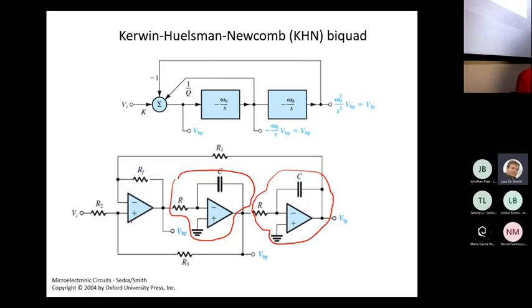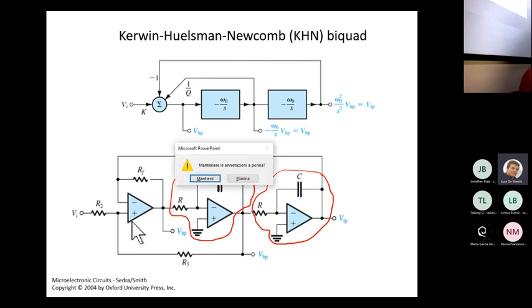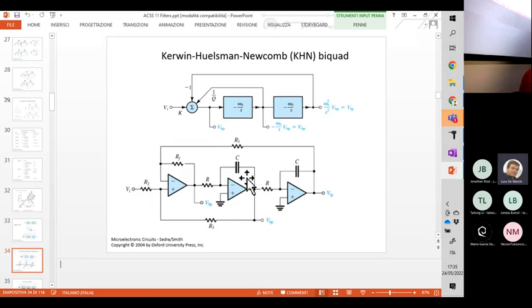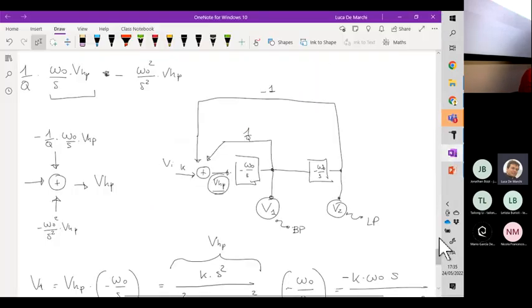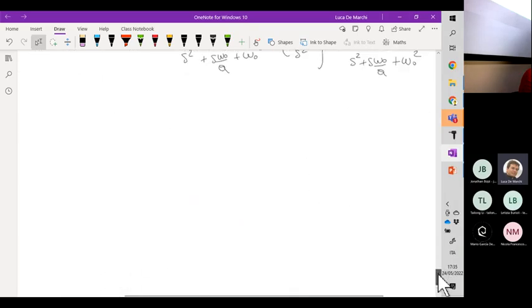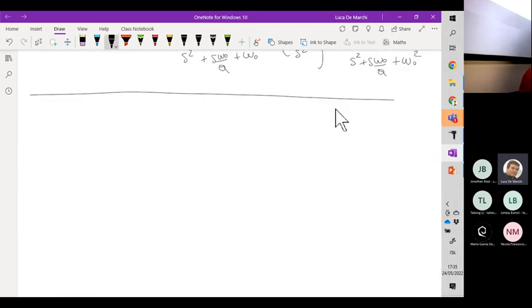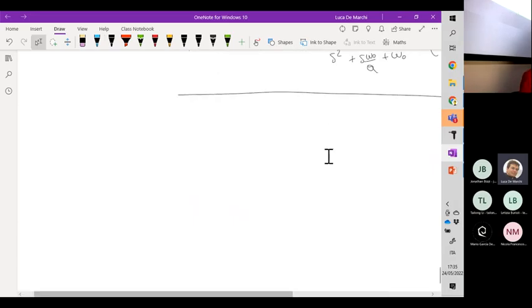Okay, so let's try to investigate the behavior of this KHN and find the transfer function, the global transfer function. So the KHN is indeed a circuit like this.